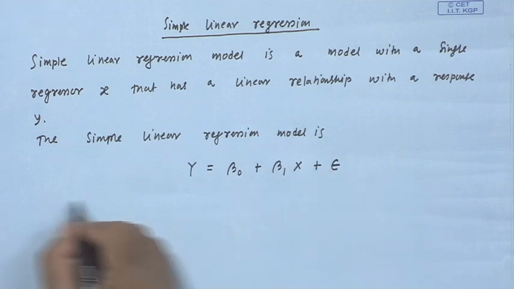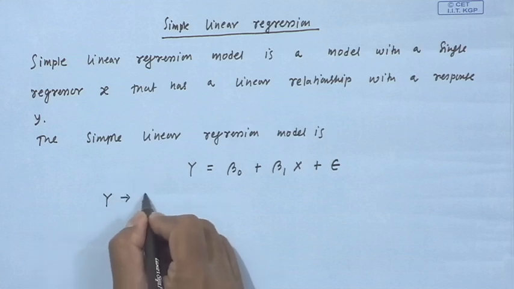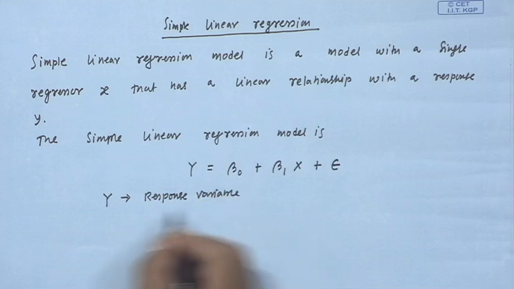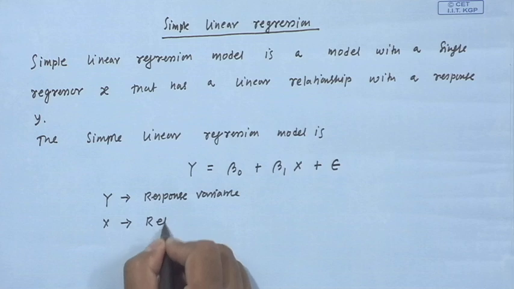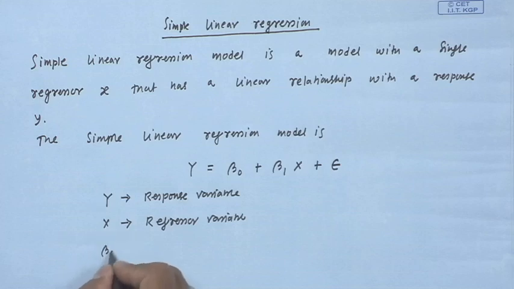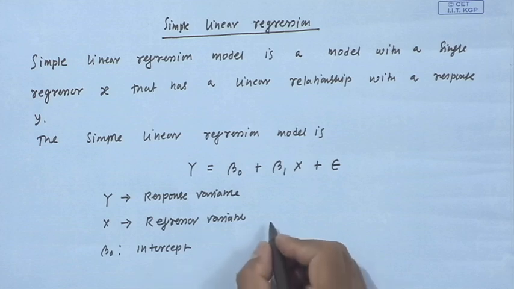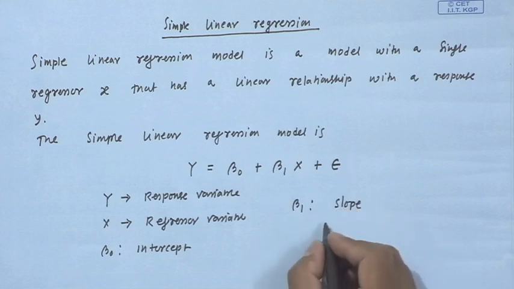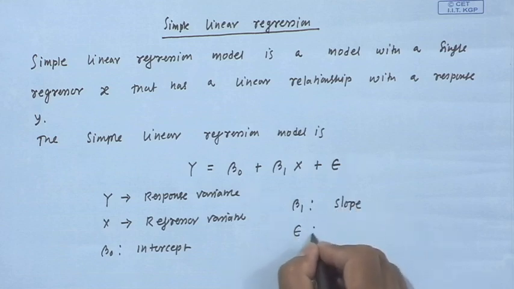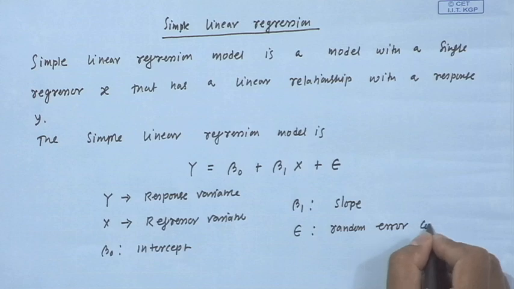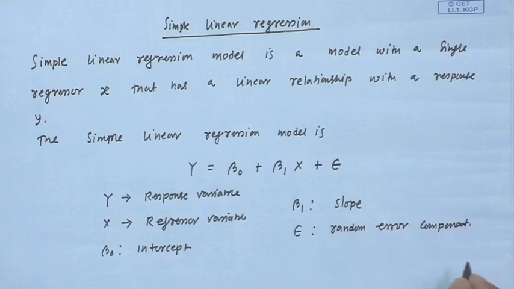So, here you know that y is a response variable, x is a regressor variable, beta naught is called intercept, beta 1 is called slope, and epsilon is the random error component. Okay.